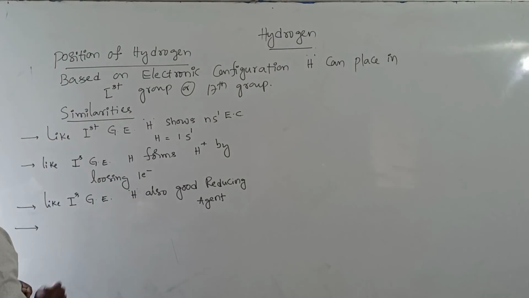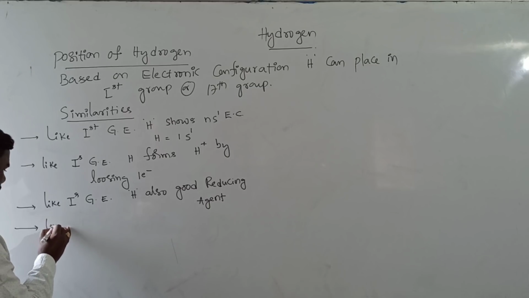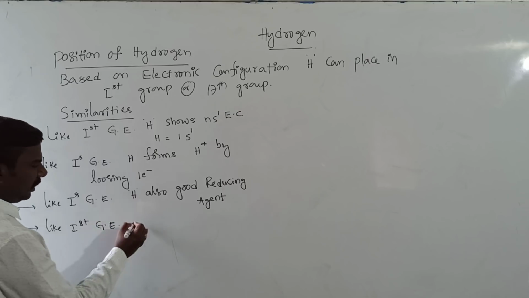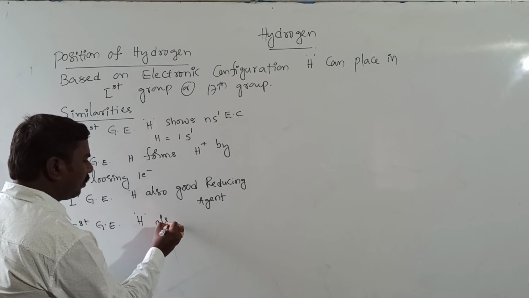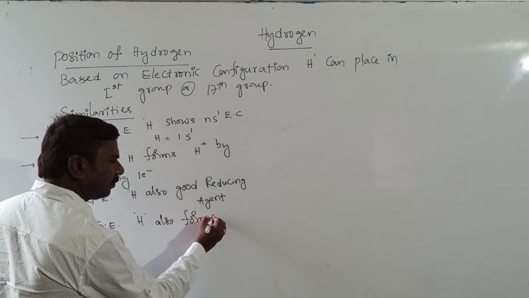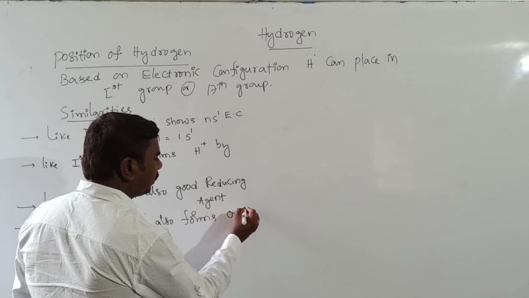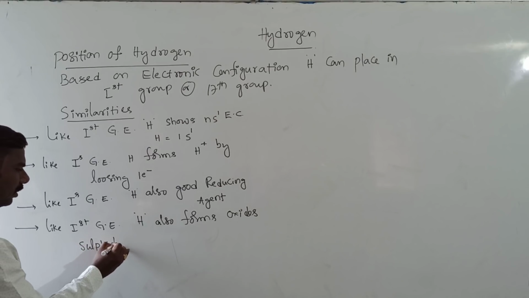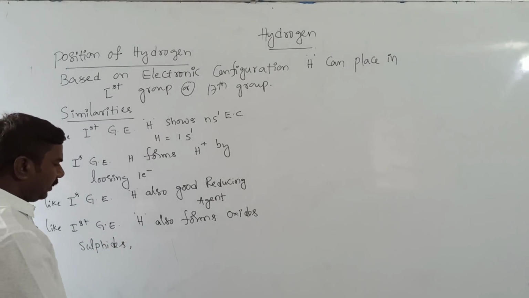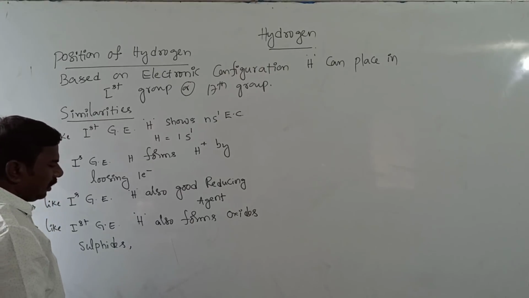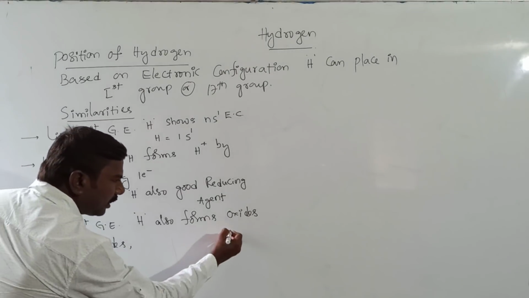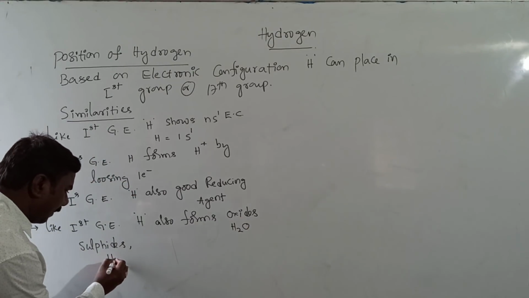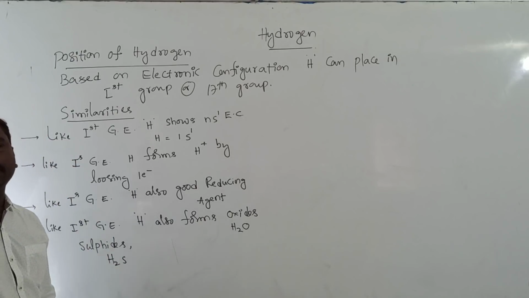Next, like first group elements, hydrogen also forms oxides, sulfides and hydrides. Oxides means hydrogen with oxygen. Sulfides means hydrogen with sulfur.